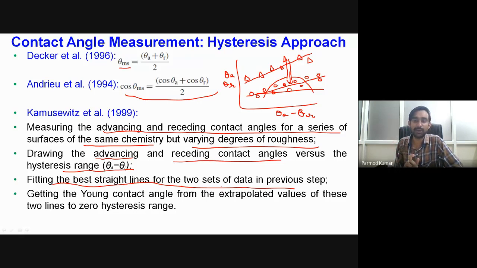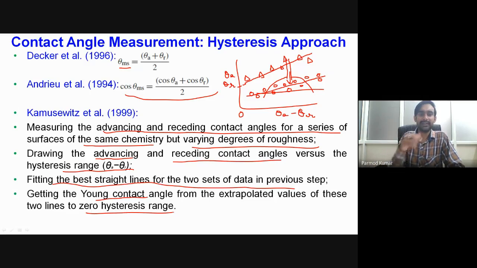If we have a single energy minimum, we have only a unique value of the contact angle, and for that condition our hysteresis range will be equal to 0. So we extrapolate these lines to the zero hysteresis value, and from that extrapolation we find the value of Young's contact angle corresponding to the condition of zero hysteresis range. So that is another procedure.